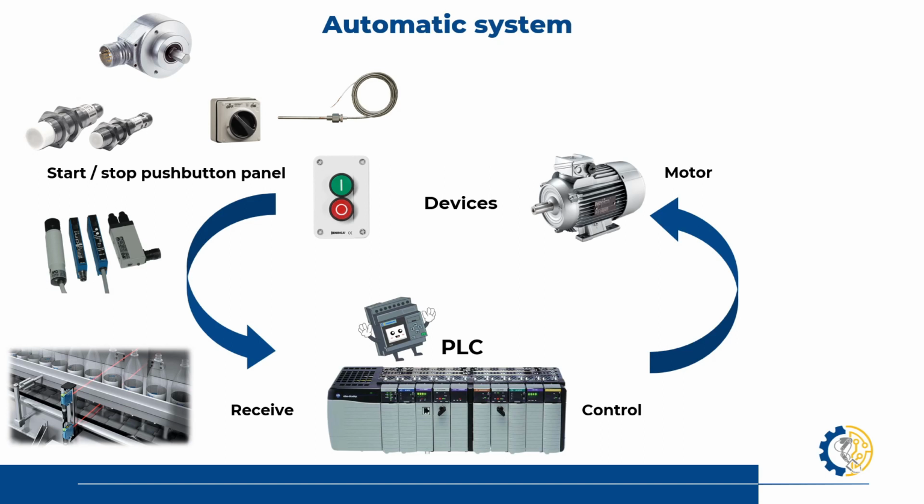Okay? So inductive sensors, capacitive sensors, photoelectric sensors, which are, so to speak, a ray of light, that goes through an object, and it says, hey, something is going through my ray of light.